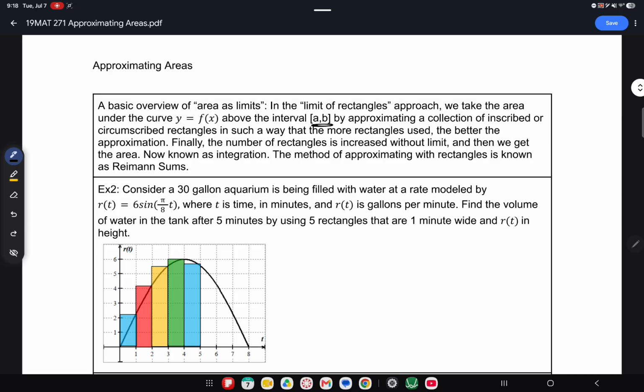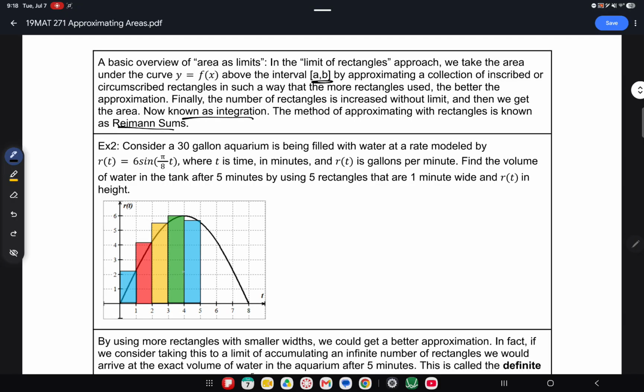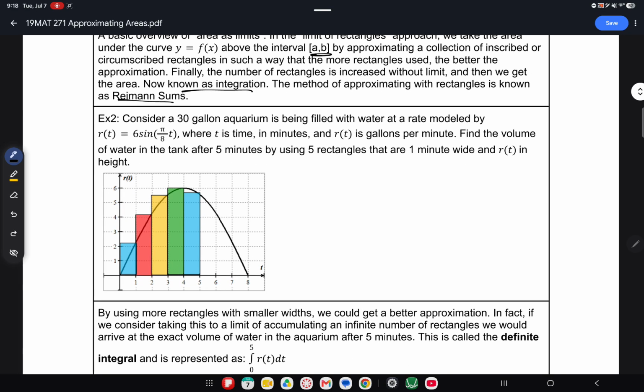So if we make the number of rectangles go off to infinity, then we get the best area we can get. And doing all of that is known as integrating. But using the rectangles and approximating the area is what Riemann sums is, because we are taking these rectangles and adding all the areas up. So we're summing the rectangles.